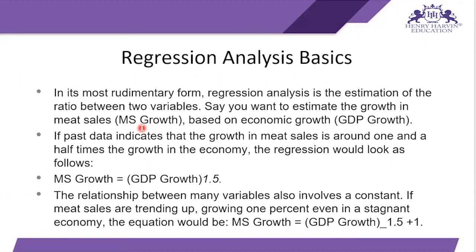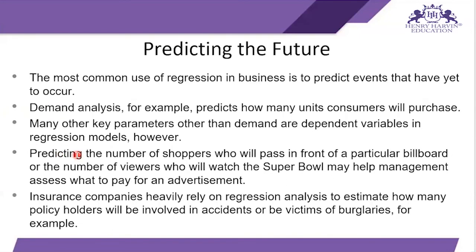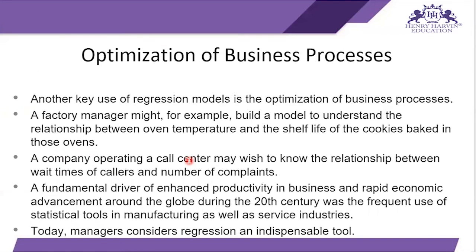Linear regression is also used to predict the future, like how many customers will buy, how many people will buy insurance, and how many sellers will sell this product. To calculate the future and to optimize the business, to take the business in the right path, we can use this linear regression model.